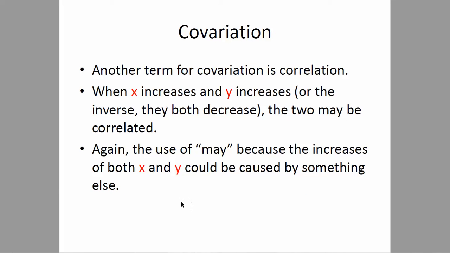And finally, covariation. Another term for this is correlation. You might have heard that in a statistics class or a math class somewhere along the way. When X increases and Y increases, the two, again, may be correlated. If X goes down and Y goes down, again, the two may be connected. You'd have to do more research, but that's a good place to start, is that the two might have something to do with each other.